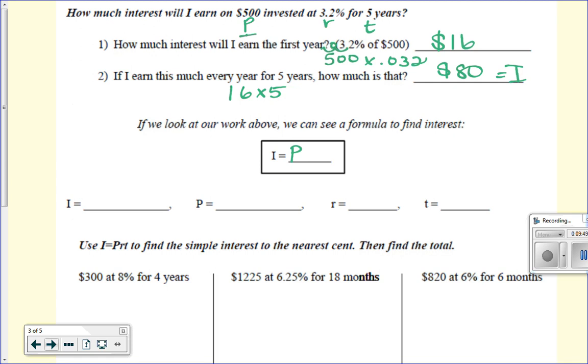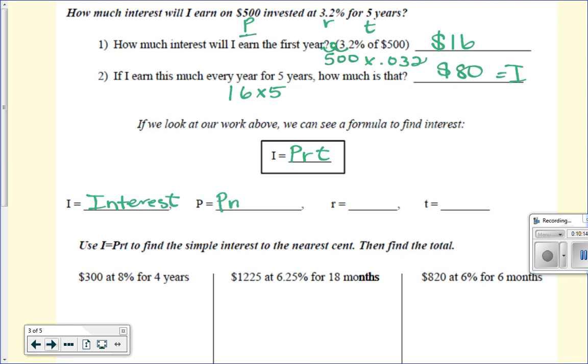Rate. What operation is that? Good. We multiply principal times the rate. And then we said, well, let's do it for 5 years. Then what did we do? We multiply that by the time, and that's your formula. You just take your principal, multiply by the rate, and then for how long in years. So I gives you your interest.